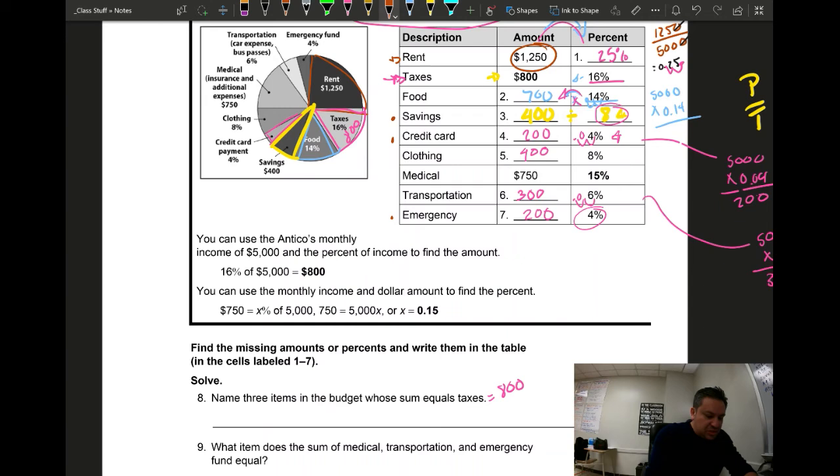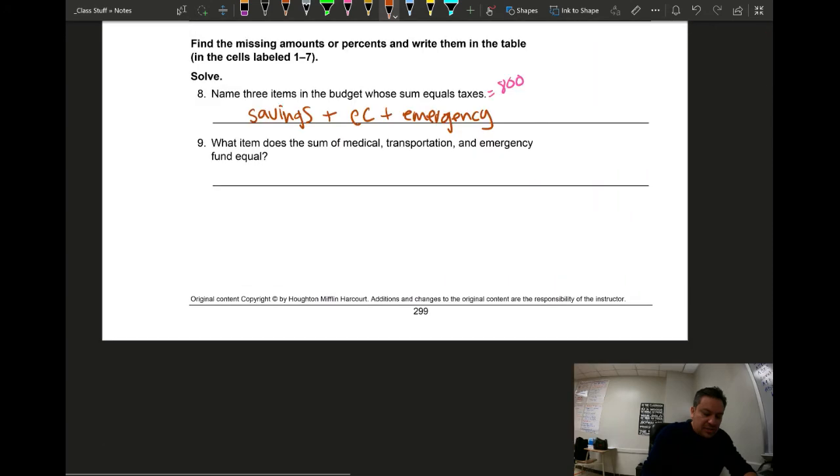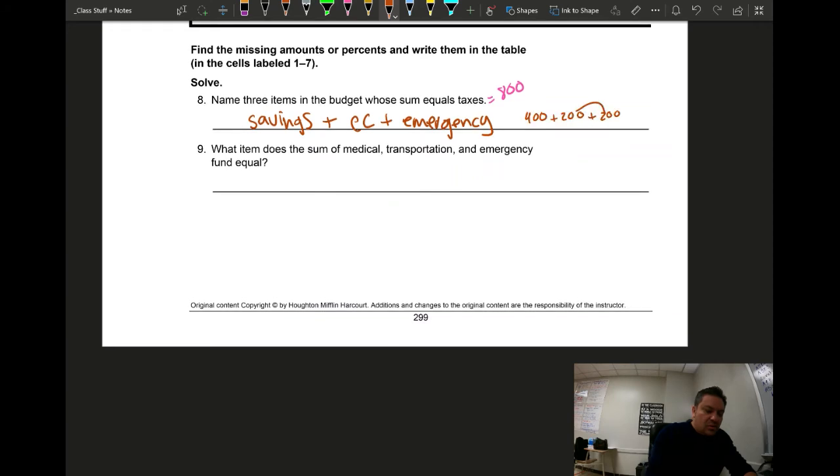How do I know that? Because savings is $400, credit card is 200, and the emergency is also 200. When you add those 2, you get 400. 400 plus 400 is 800.